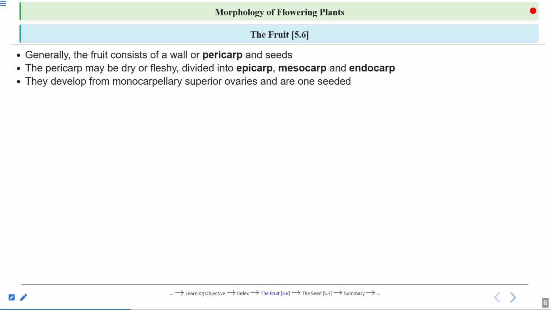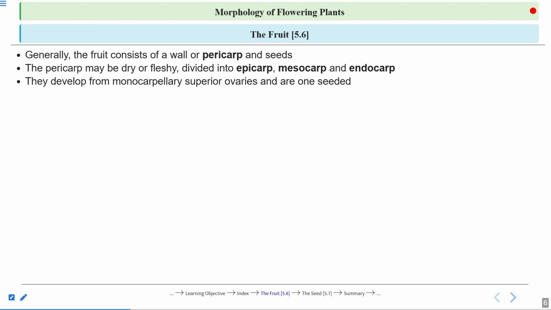And superior ovaries. Now you imagine superior ovary. Why are they calling this ovary a superior? Because the position of the ovary is at the top of the thalamus or the receptacle. It is present at the top position, and all the floral parts are present below this.